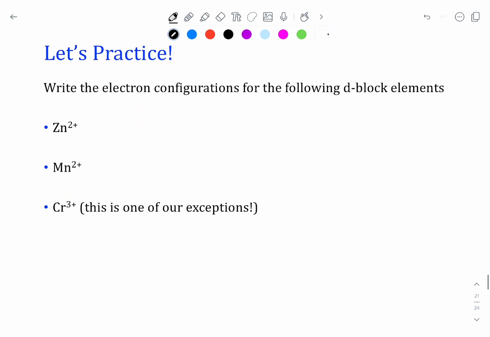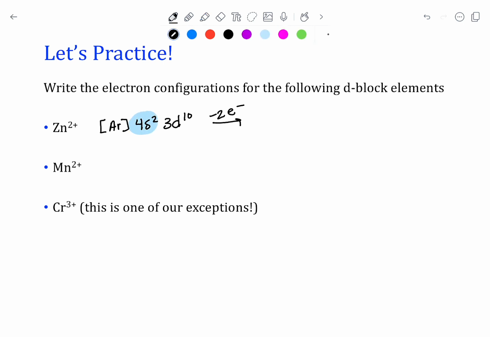So let's practice a few of these for our d block elements. So we have zinc 2+. Zinc has an electron configuration of argon 4s2 3d10. And if I want to remove 2 electrons to create a 2+ charge, those 2 electrons are going to come from the 4s.